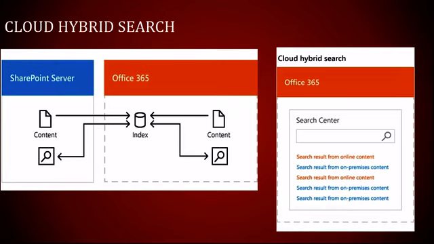All the results from both on-prem and Office 365 are ranked and presented to the users in that one single interface. And that's the key piece of the hybrid search which has come out with Office 365, SharePoint Online, and SharePoint Server 2016.